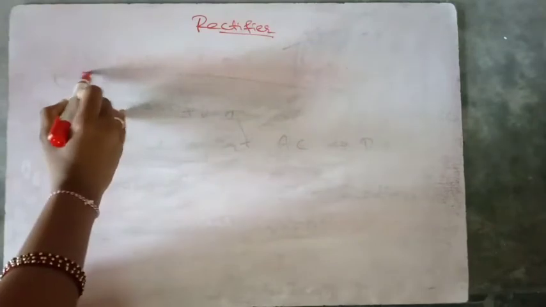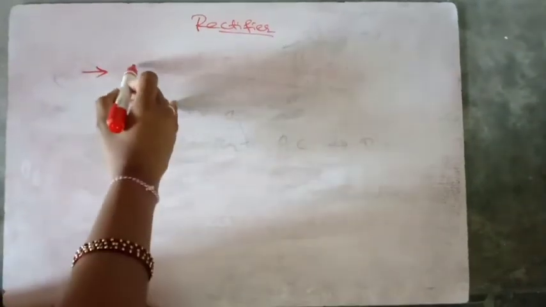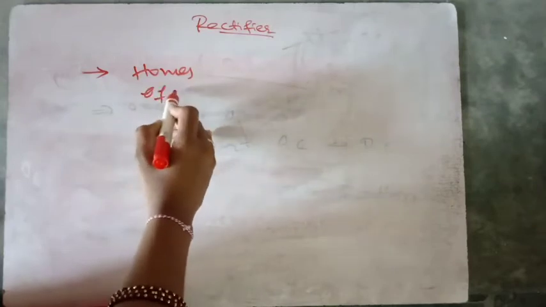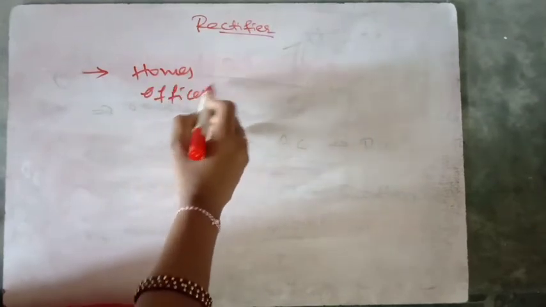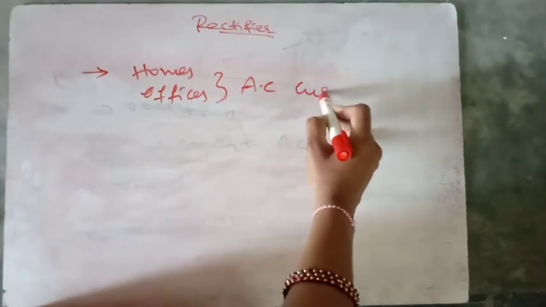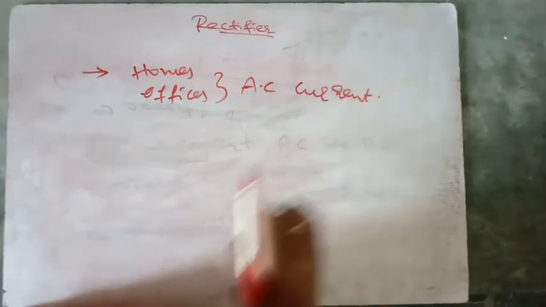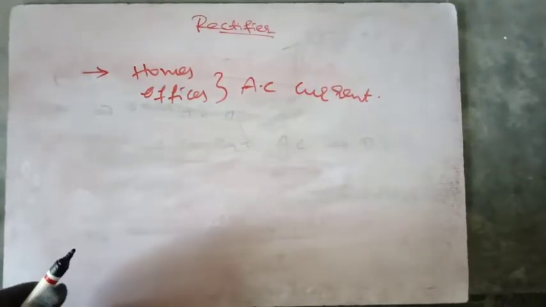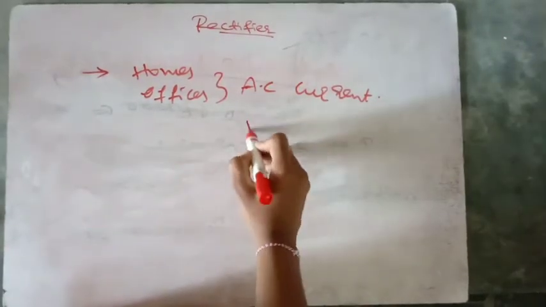The incoming current to our homes, offices or schools is AC current. But few of the appliances we use in our homes or offices use DC current.